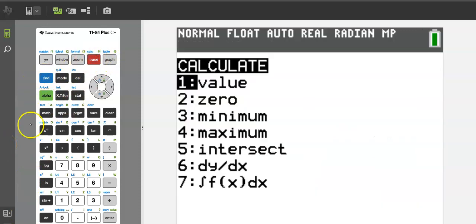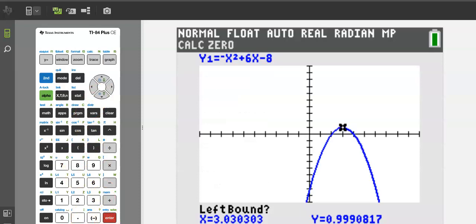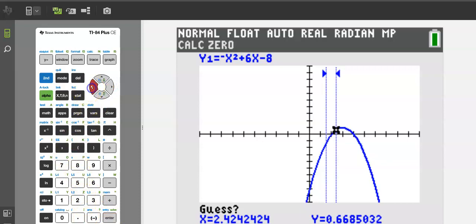Under second trace, which one up here will find the x-intercepts? The zero. So you scroll down to it. It acts just like the maximum and minimum. It says left bound, right bound, take a guess. So I'm going to scroll to the left of my first 0, enter. Scroll to the right of my 0, enter. Take a guess, enter.